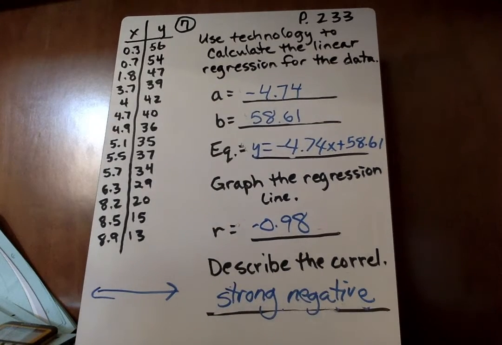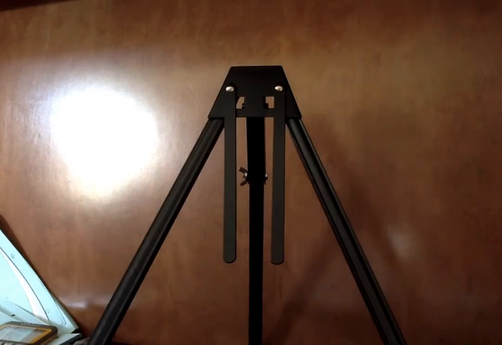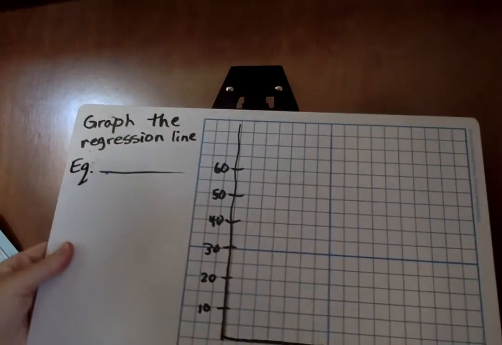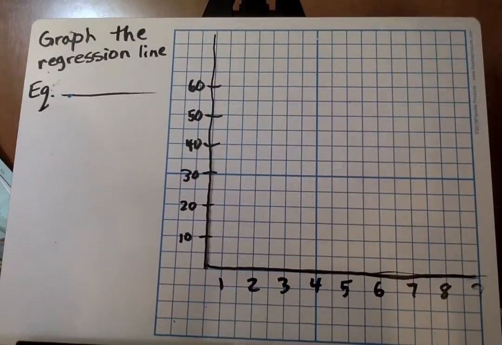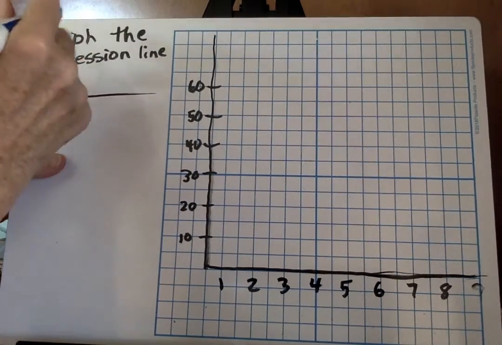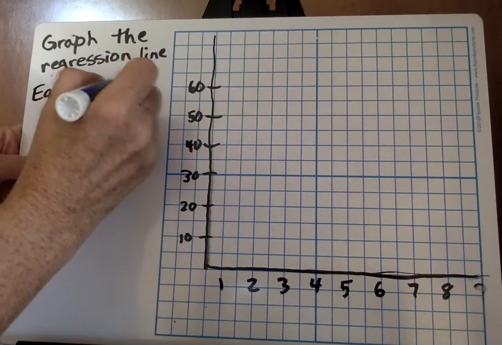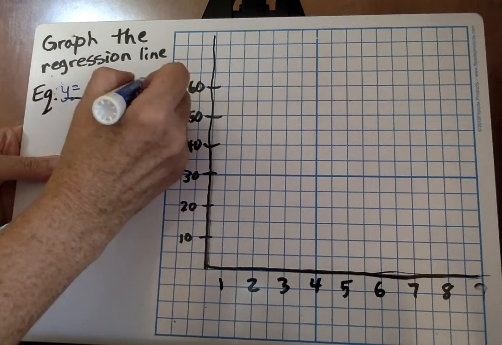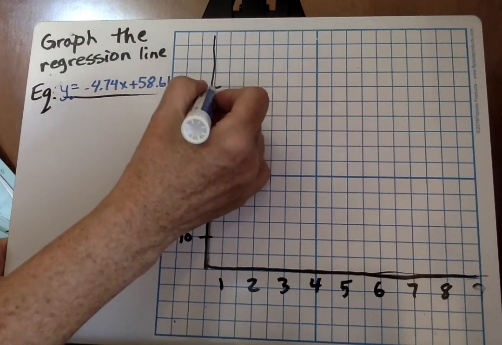Okay. Next, it says to graph the regression line. Okay, so if we're going to graph the regression line, our equation was y equals negative 4.74x plus 58.61. So if x is 0, we go up to 58.61.